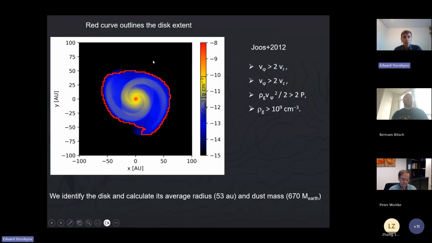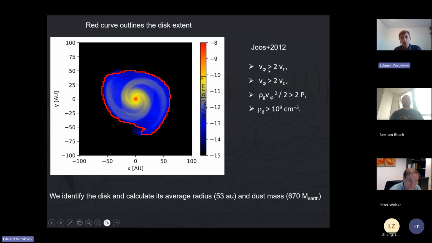First, we consider our model disk and apply conditions from Joos et al. 2012, which are very often used to outline the disk outer edge. The black region is not empty, it's filled with rarefied envelope, but we have to cut out that envelope, separating the disk from the envelope.